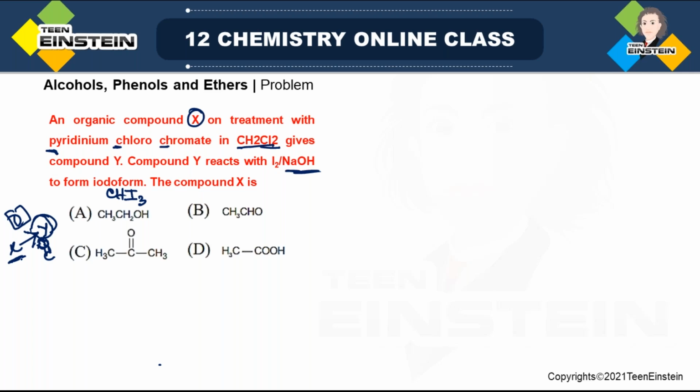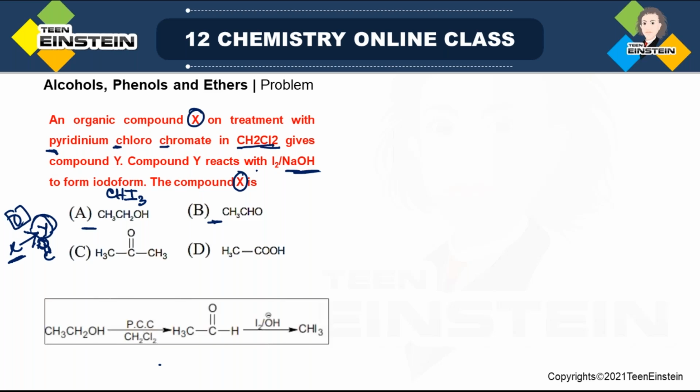Now look at the options. Option A is only alcohol, which is ethanol, but molecule B is acetaldehyde. Molecule C is a ketone, and molecule D is a carboxylic acid. Now we have to find out the compound X, not Y.